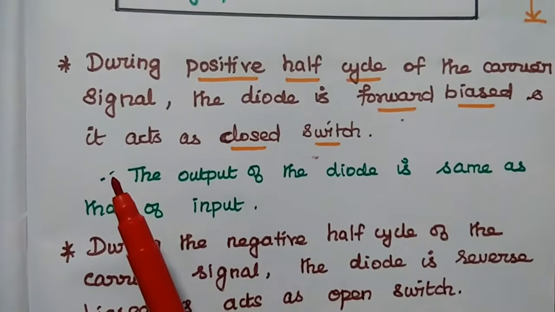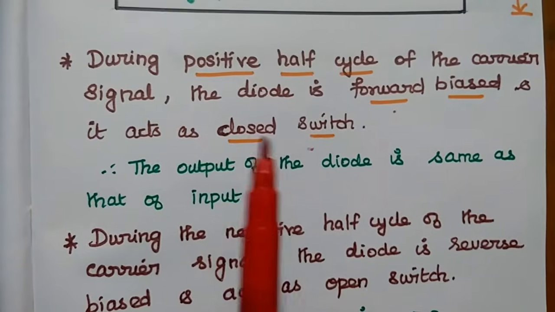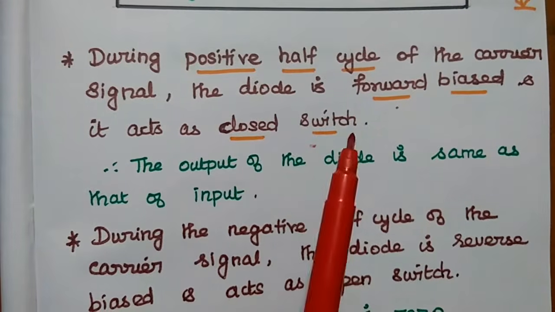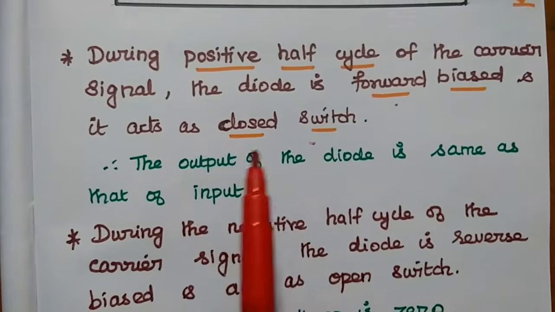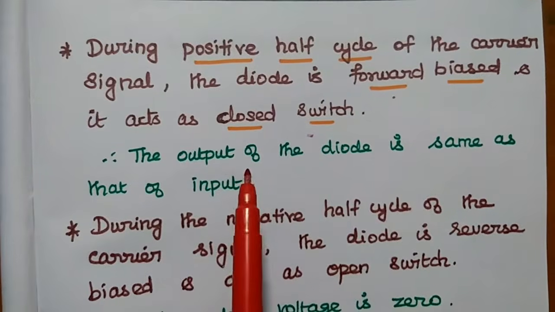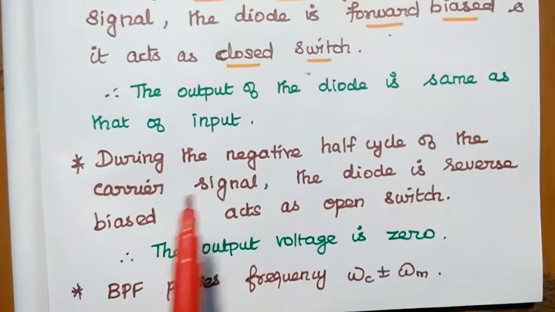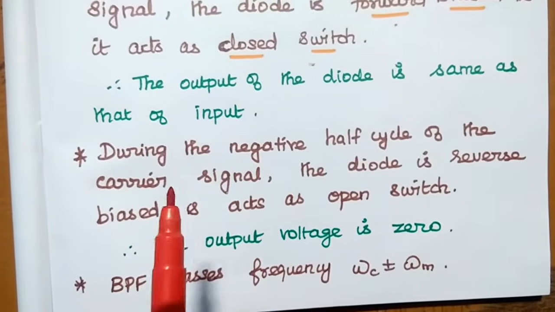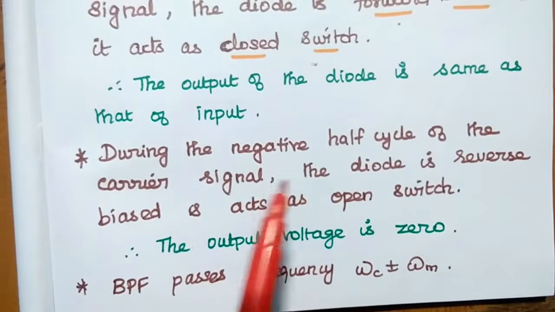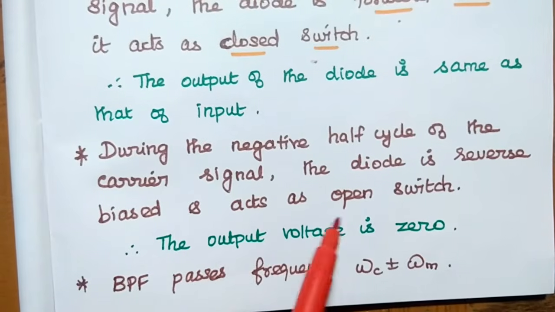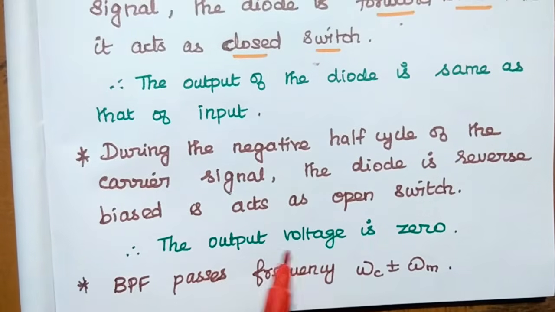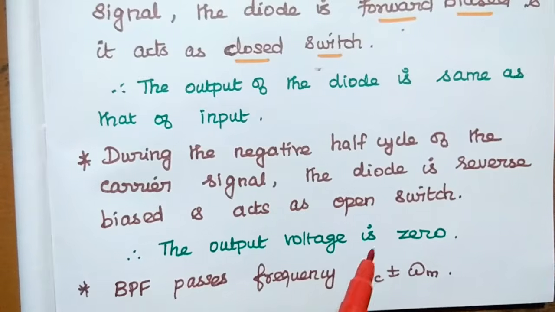During the positive half cycle of the carrier signal, the diode is forward biased and acts as a closed switch, so the output of the diode is the same as the input. During the negative half cycle of the carrier signal, the diode is reverse biased and acts as an open switch. Therefore, the output voltage is 0.